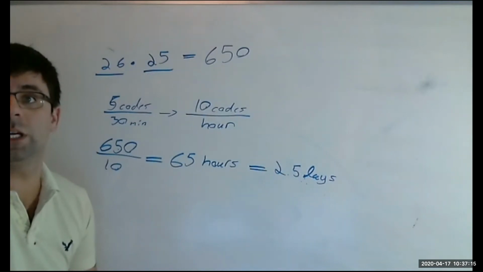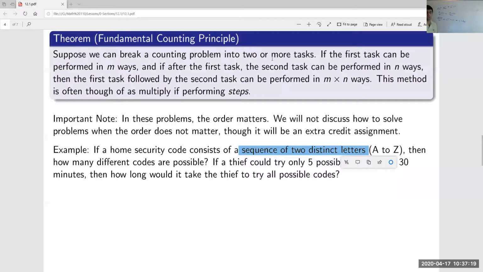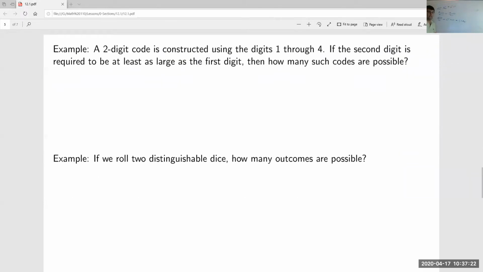All right, let's try another one quick before we head out. A 2-digit code is constructed using the digits 1 through 4. If the second digit is required to be at least as big as the first one, how many codes are possible?